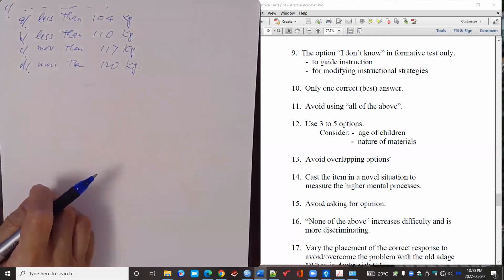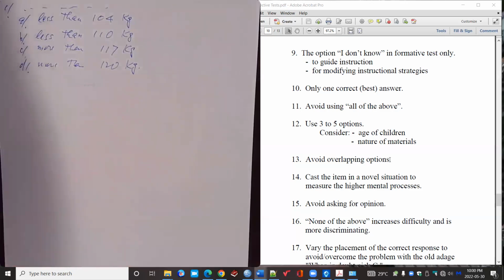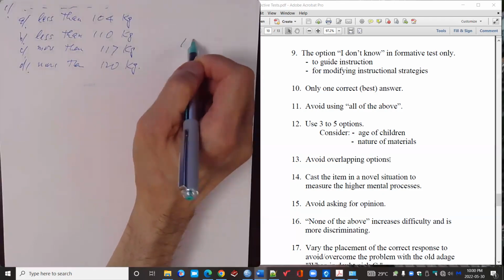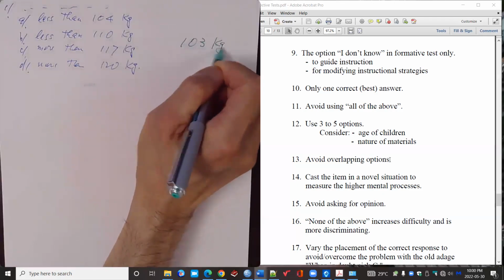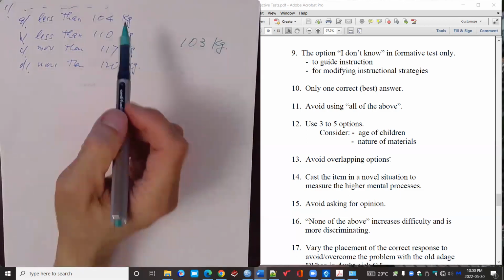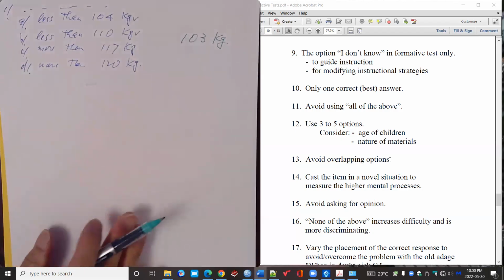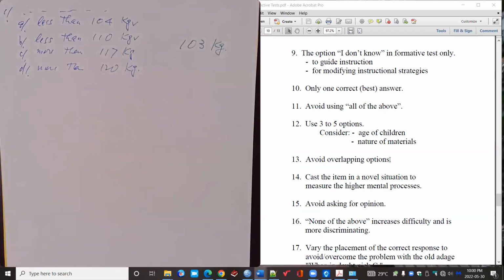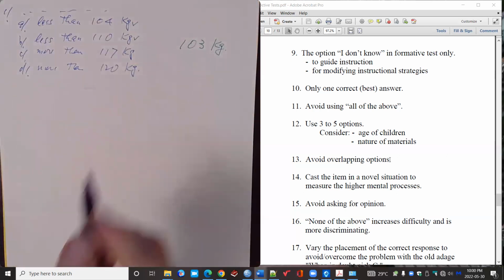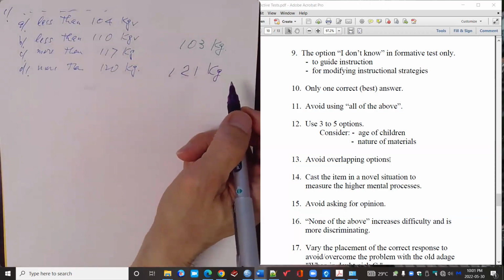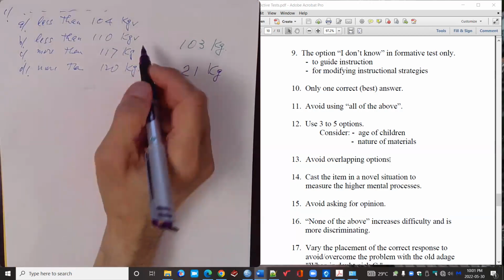If the correct answer is 103 kilograms, then this is right. But if the correct answer is 121 kilograms, then this is right.